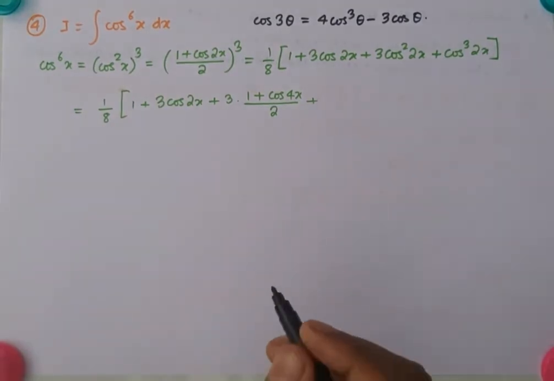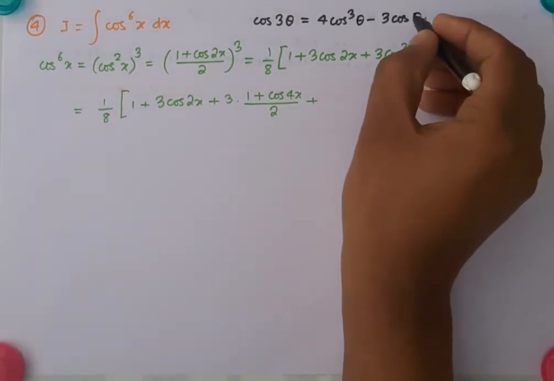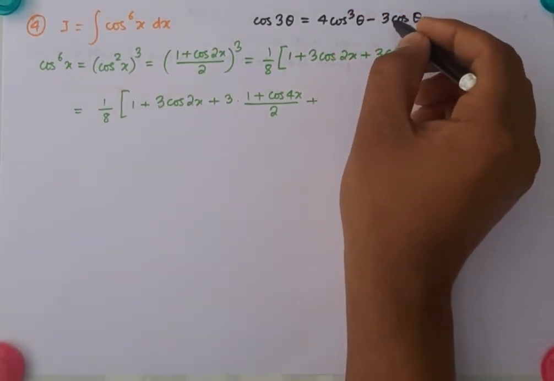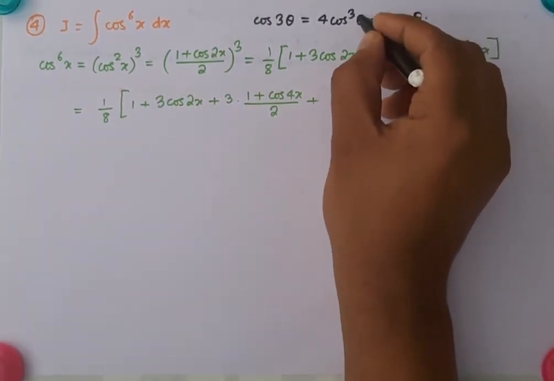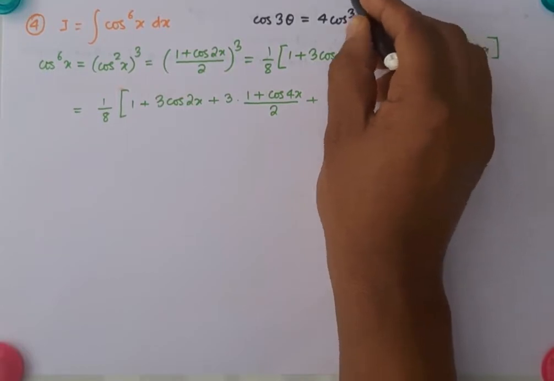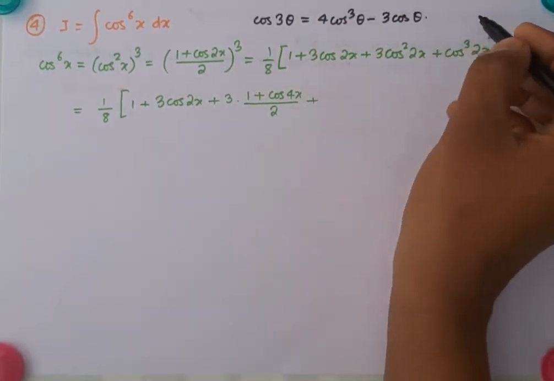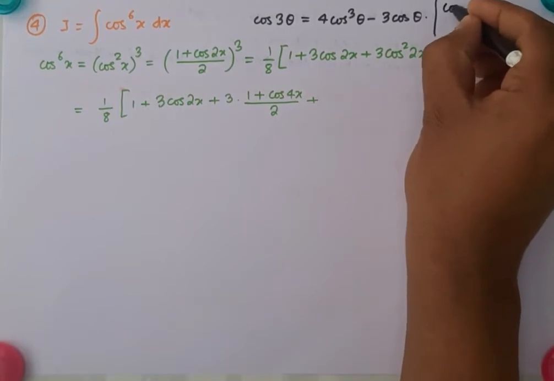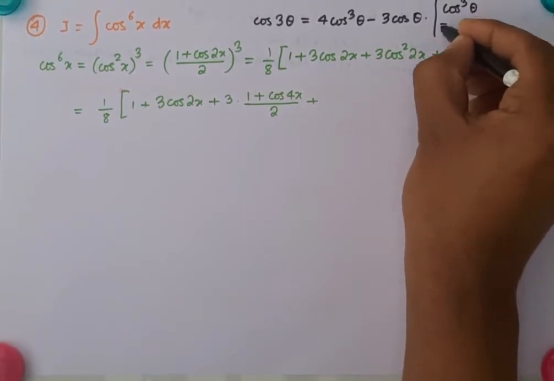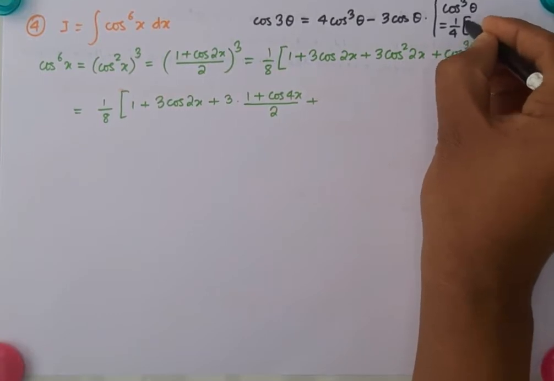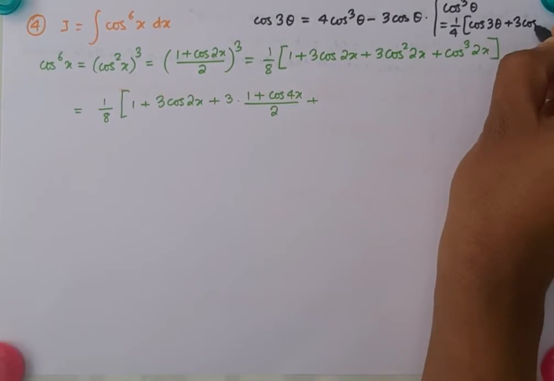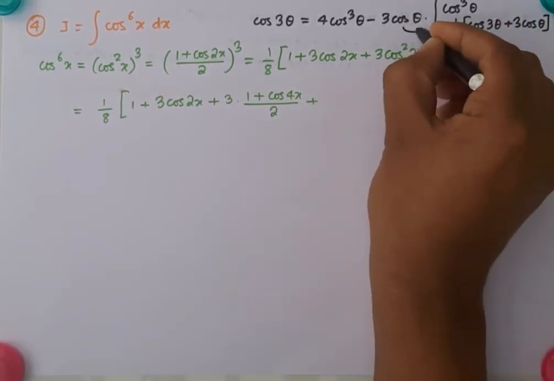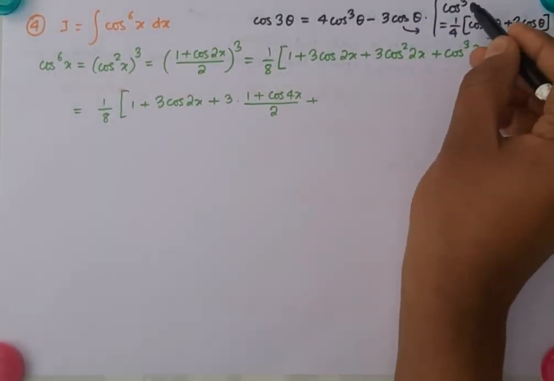Now if you find cos cube theta from here, you have to take this term over, so cos cube theta equals 1 by 4 (cos 3 theta plus 3 cos theta). This is the formula that you arrive at from the triple angle formula, and I'm going to make use of it here.